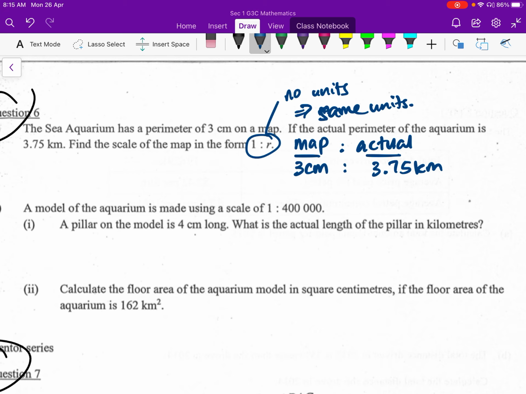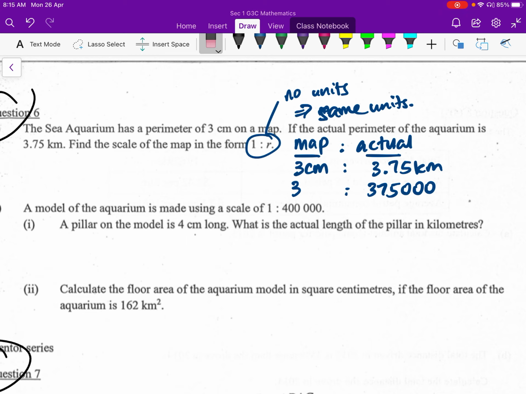I believe most of you would prefer to work with bigger numbers than to have many decimals. So 3.75 km, let's change that to meters, so times 1000. Then after you change it to cm, times 100. So we end up with 3 cm to 375,000 cm. So once the units are the same, now we can remove them.